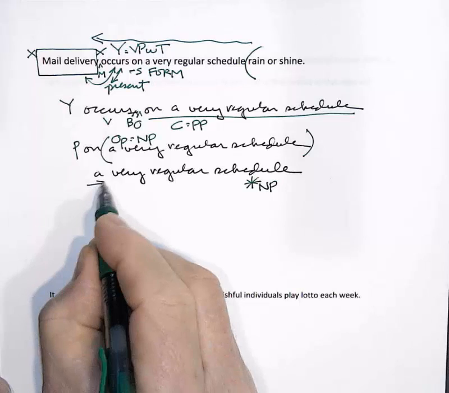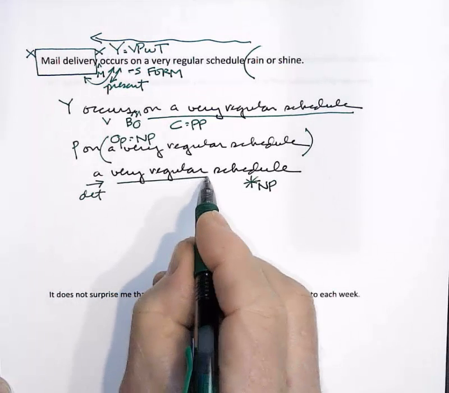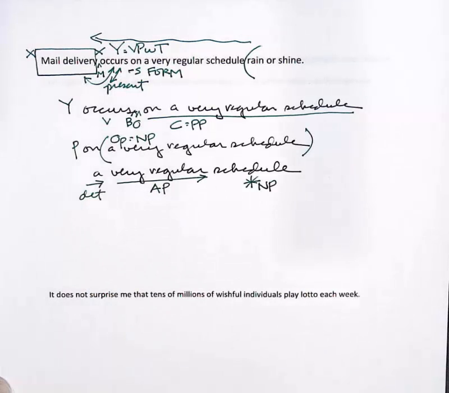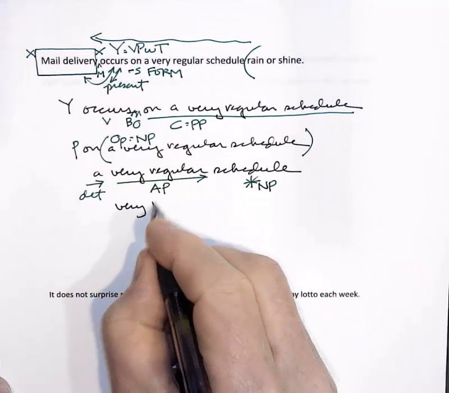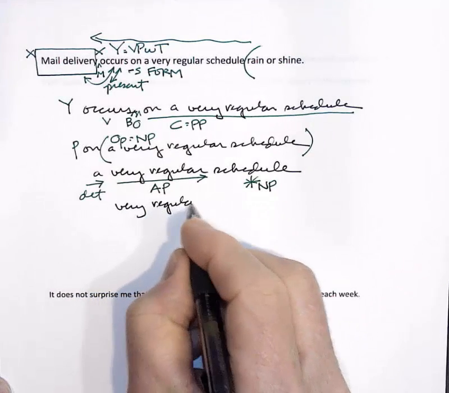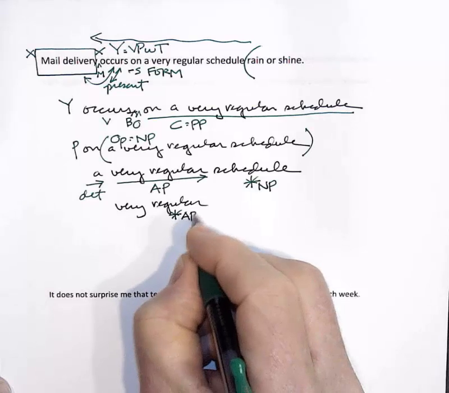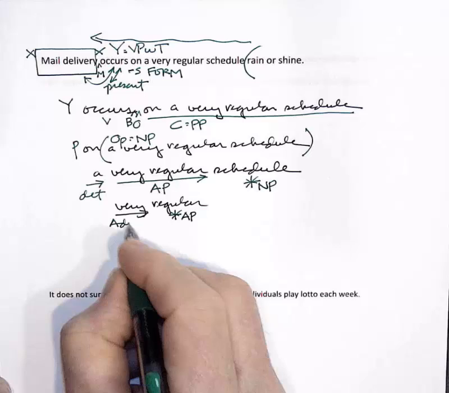A is a determiner. And very regular is one modifier. It's an adjective phrase. Very regular we can break down to the individual word level. And regular is the adjective phrase head, and very is the adverb phrase.